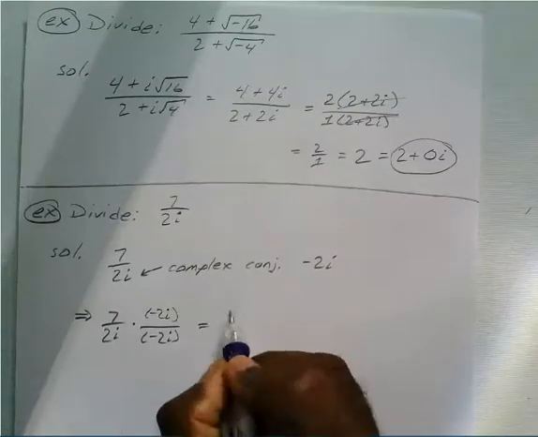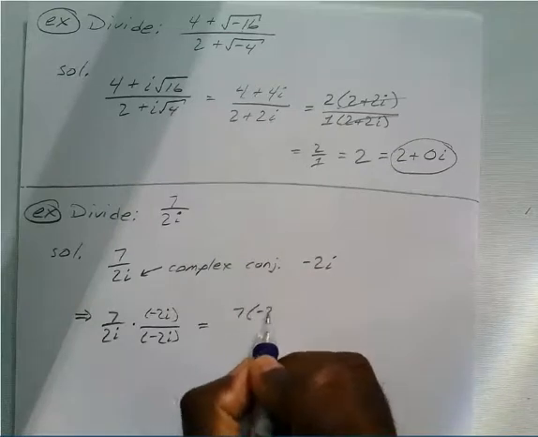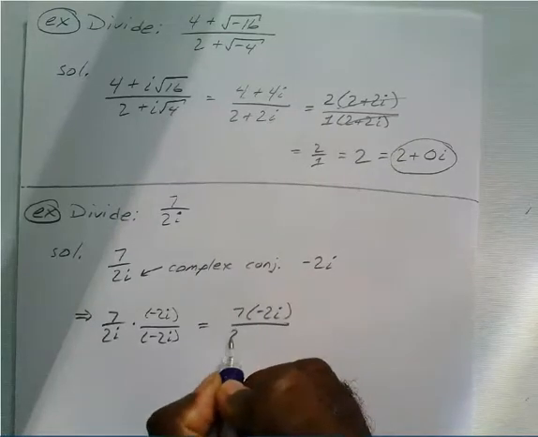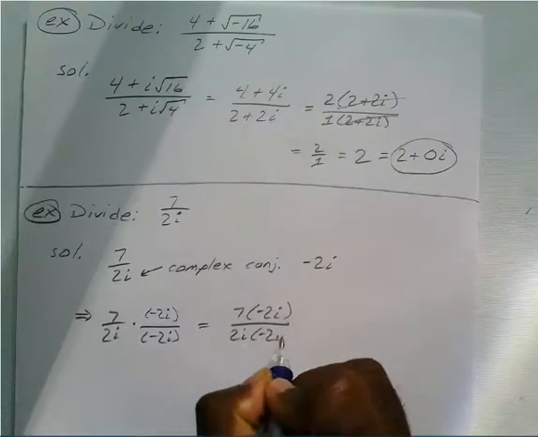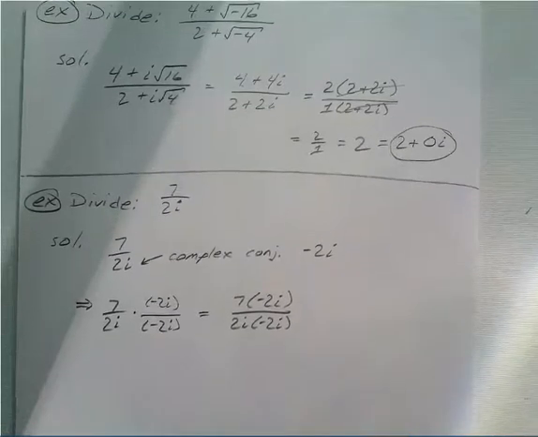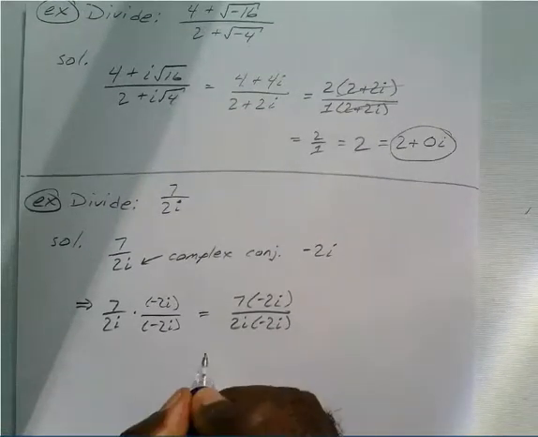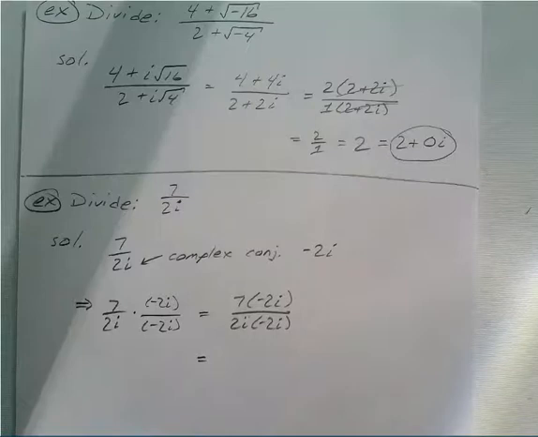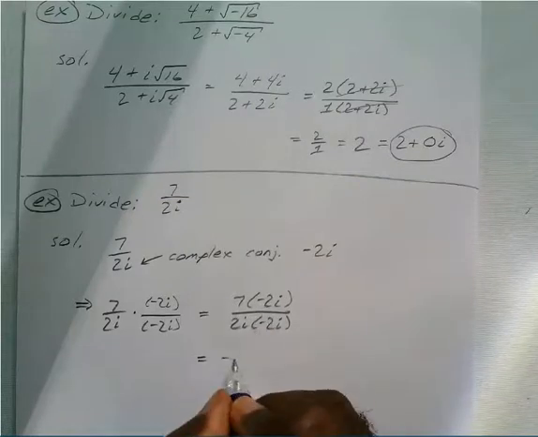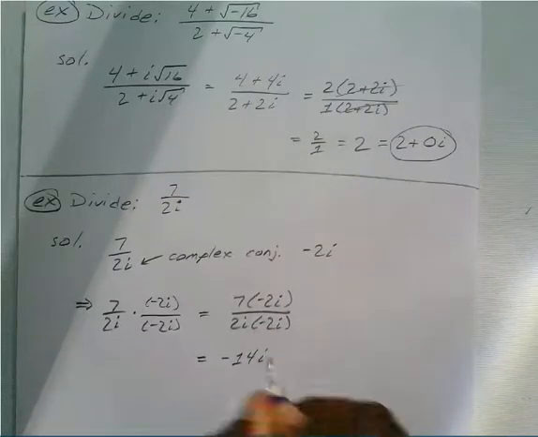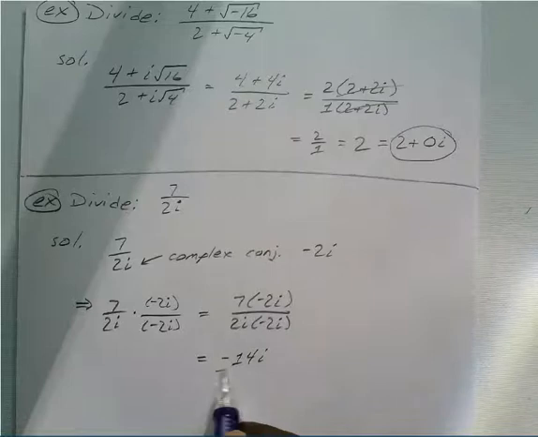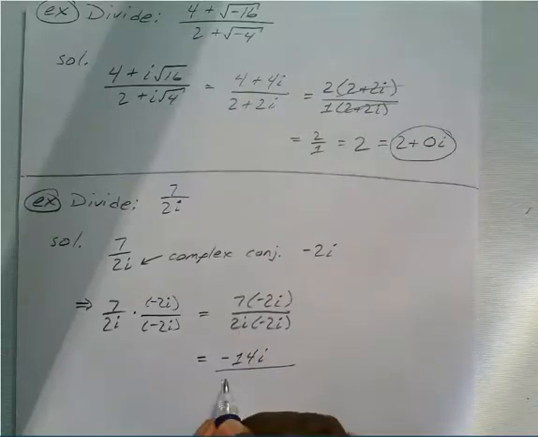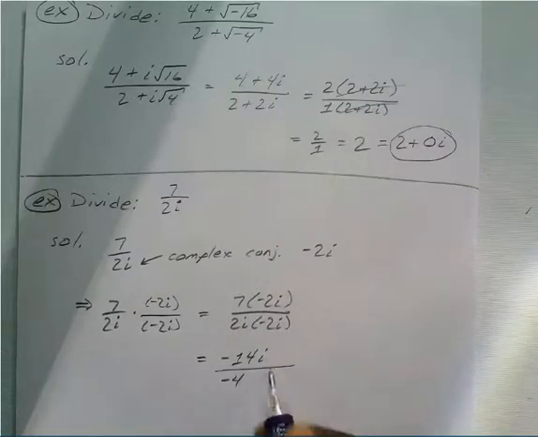And again, if you want to put them next to each other, you can. Over 2i times negative 2i. Okay, so 7 times negative 2 is negative 14i, all over 2 times negative 2 is negative 4, and i times i is i squared.